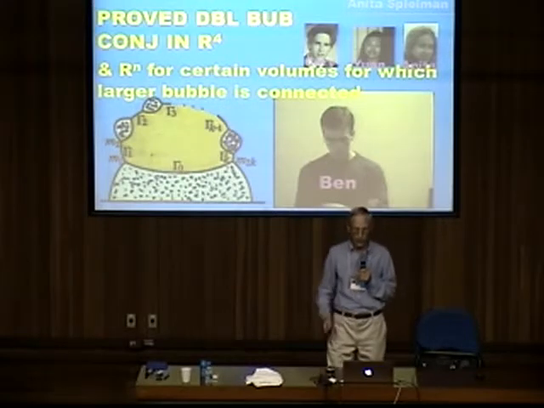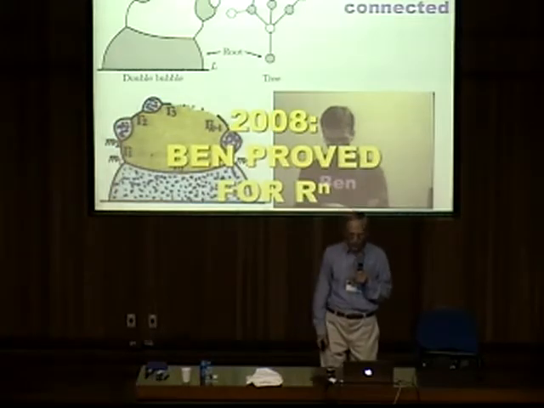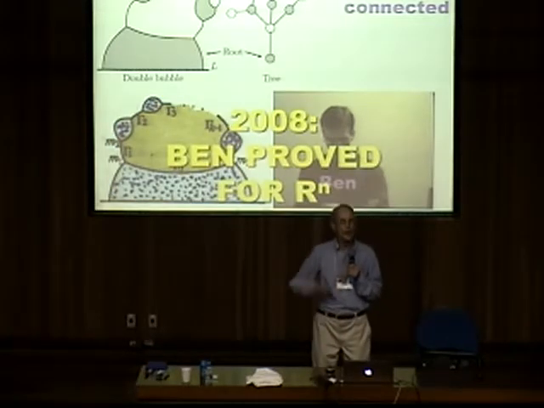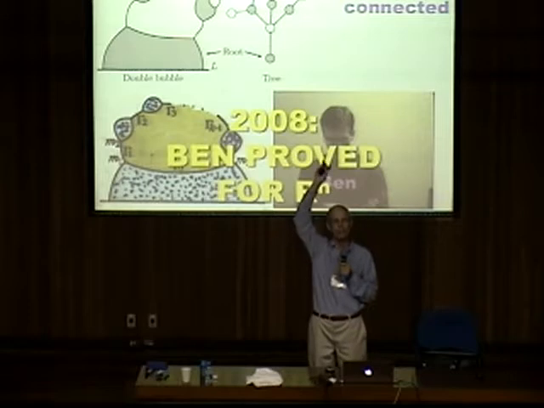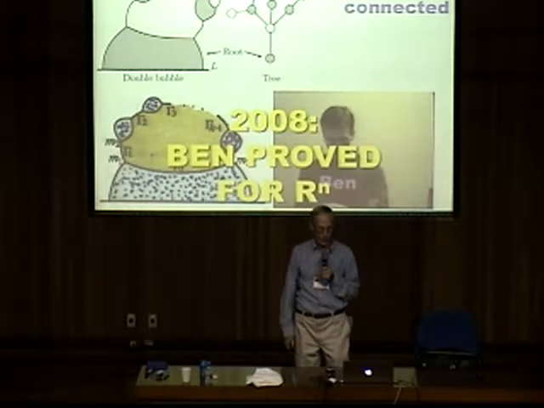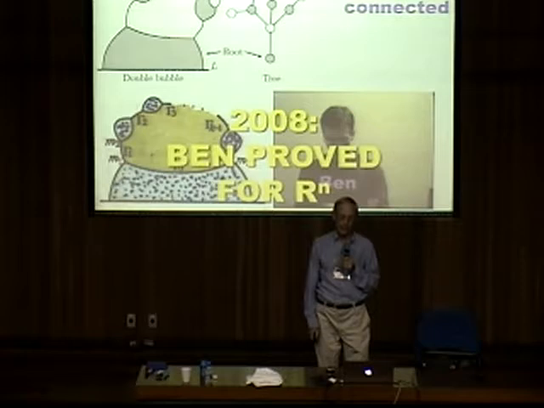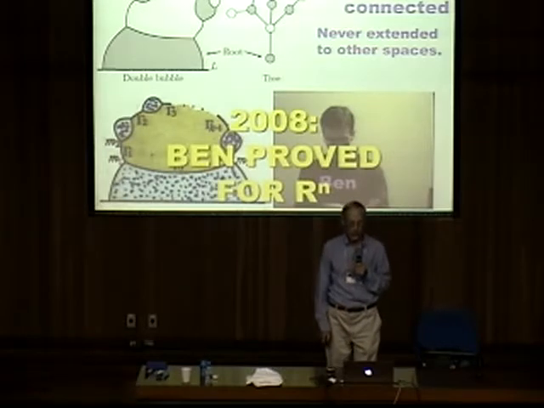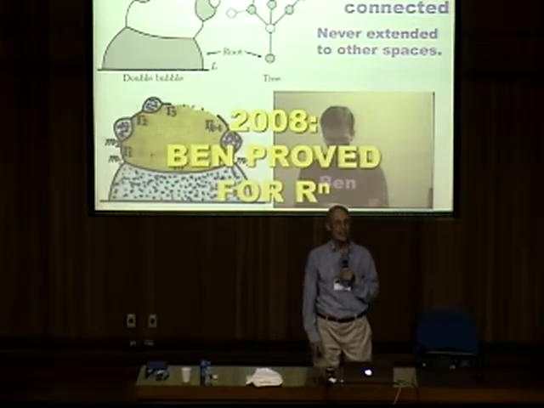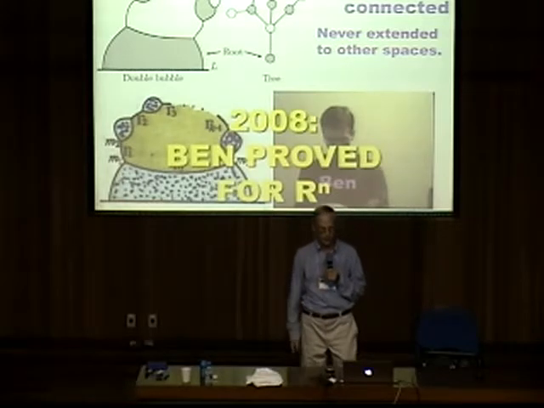But he got it to work when you had tori on tori on tori, trees of them going on for any finite number of stages. So that was really a tour de force and very intricate, and no one has ever managed to extend it to any other spaces. But in Euclidean space, it's proved in all dimensions.